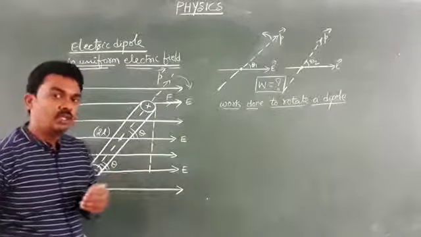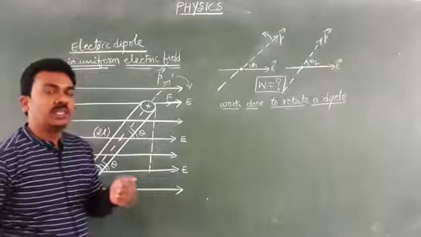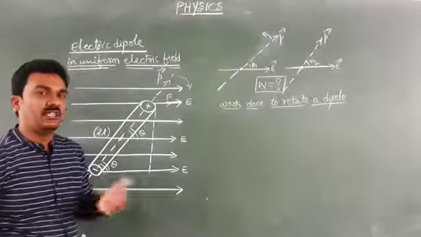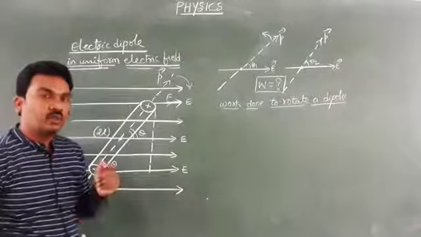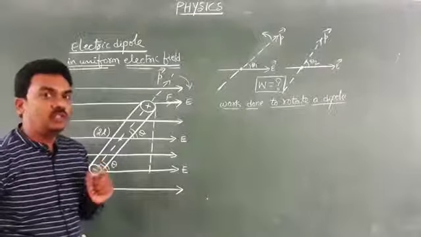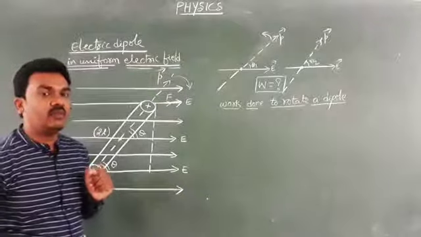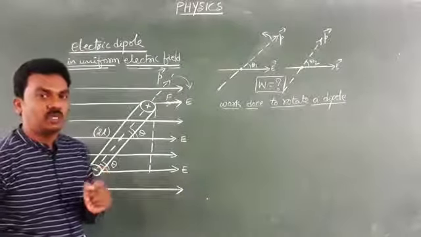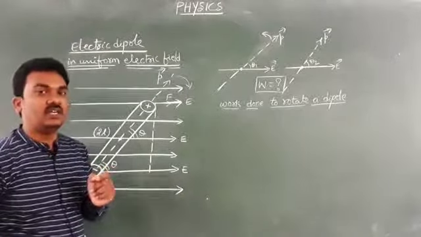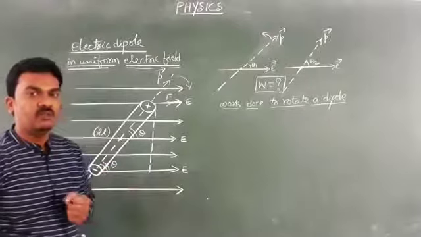In translatory motion, change in position can be expressed as a displacement, x or s. But in rotatory motion, the change in position will be in the form of angular displacement, which is in terms of theta or d theta.